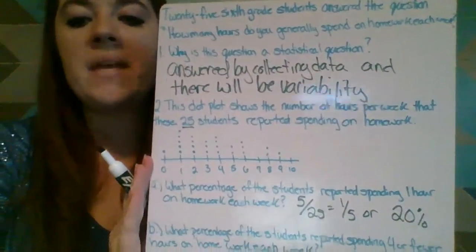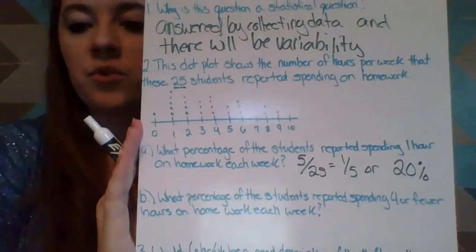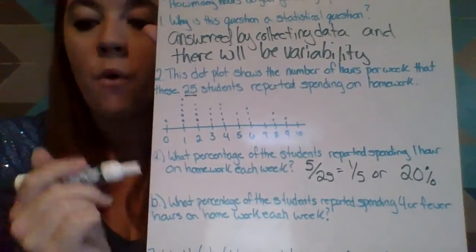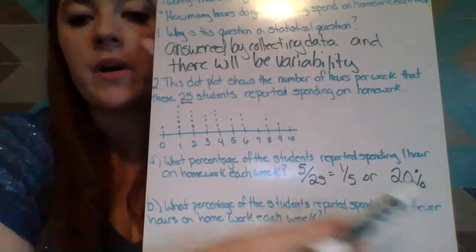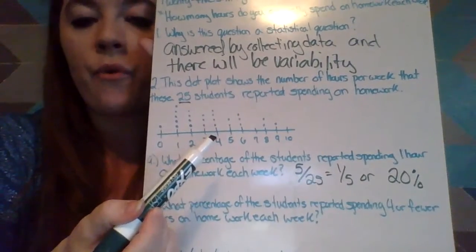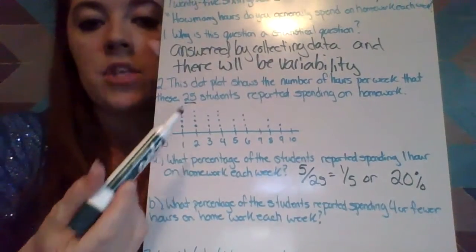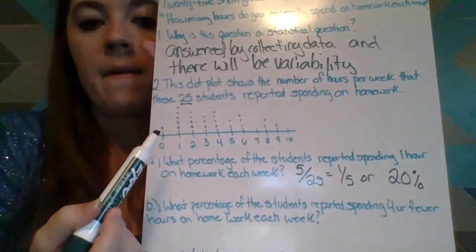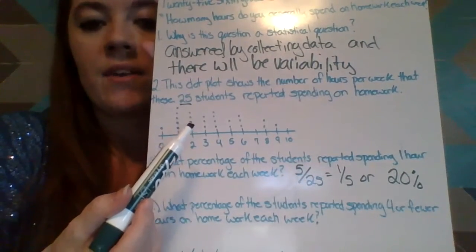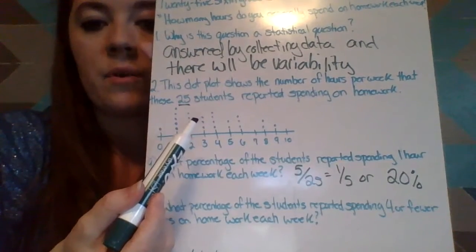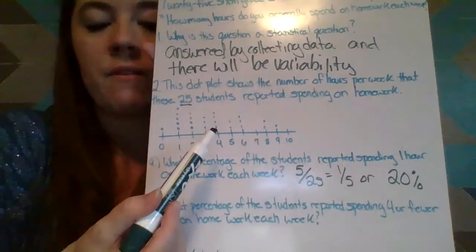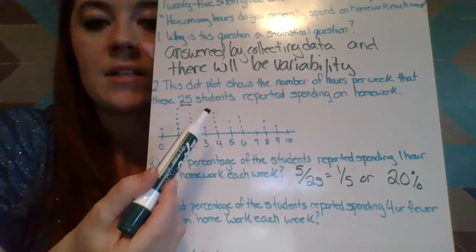All right, for B, what percentage of the students reported spending 4 or fewer hours on homework each week? When it says 4 or fewer, that means we're going to include the 4 and everything below it. So we know we have 5 on the 1. There's 6 on the 0, 7, 8, 9, 10, 11, 12, 13, and 14, 15, 16, 17.